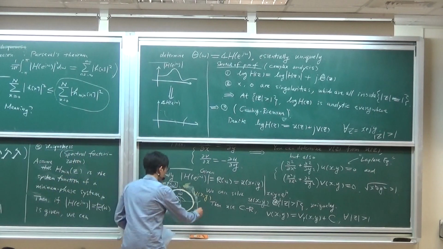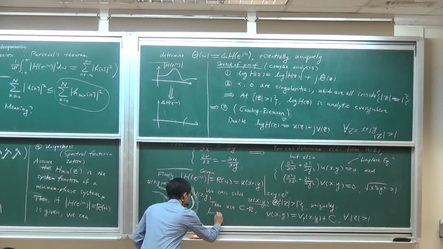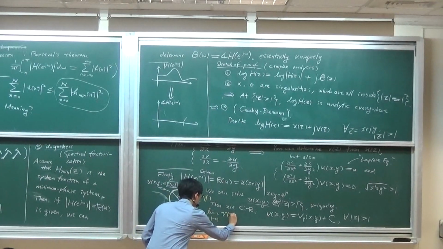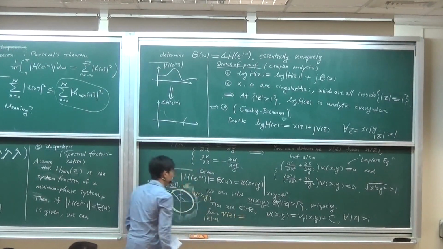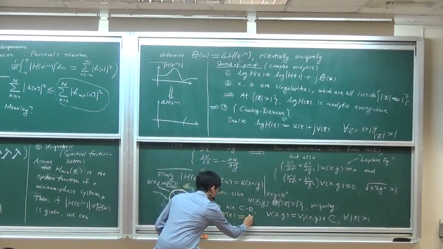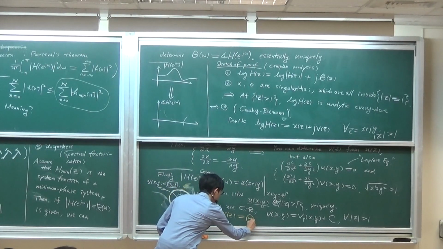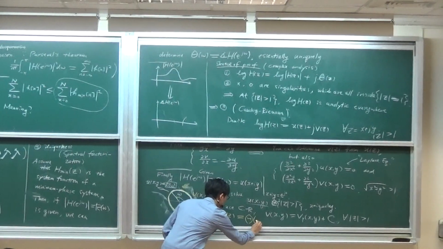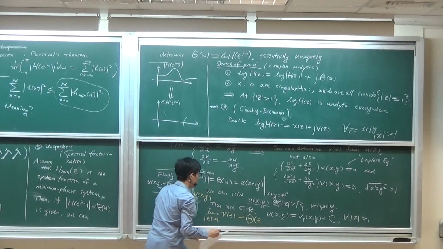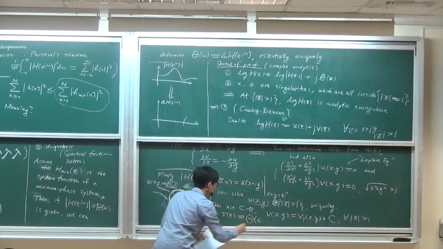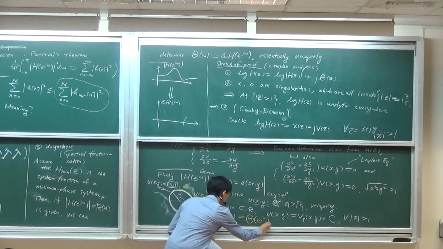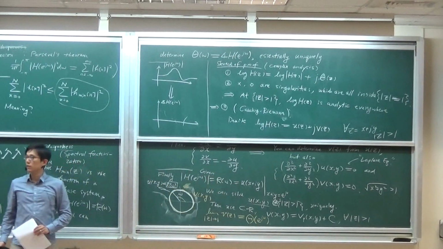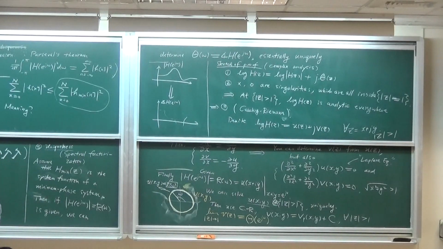So taking the limit as z approaches 1 of v of z, we can solve the imaginary part, and that will be our beloved theta of omega. That's the derivation in a nutshell.